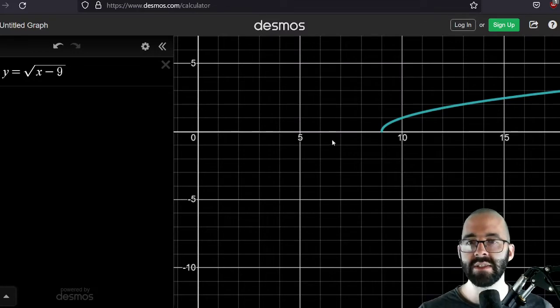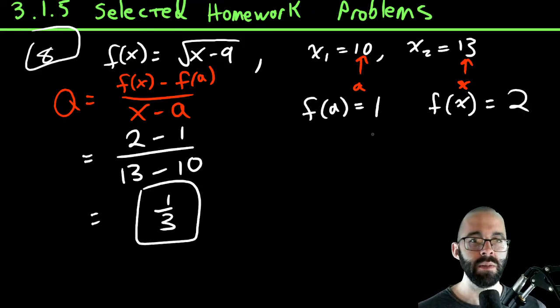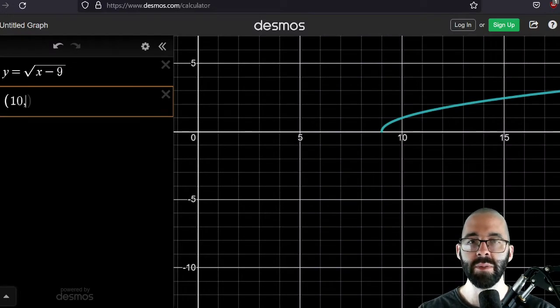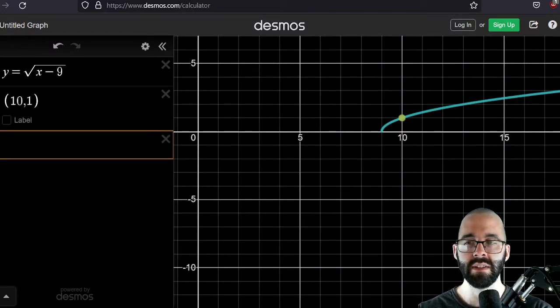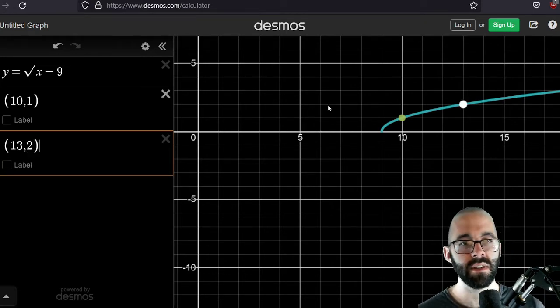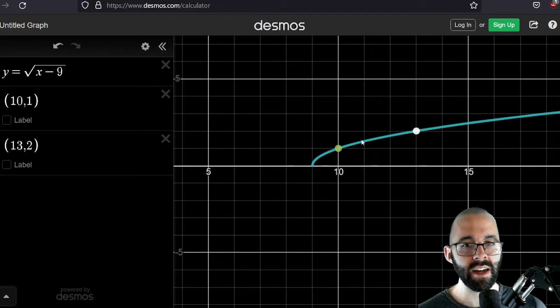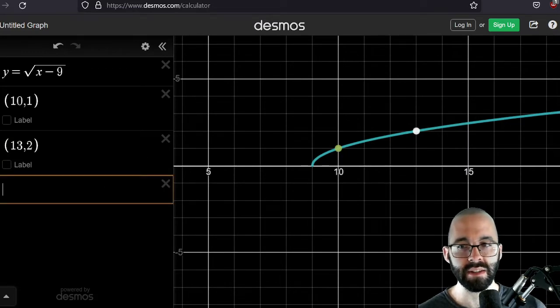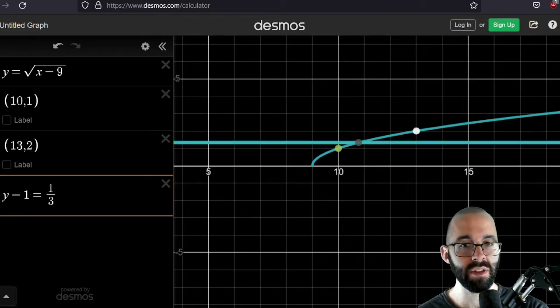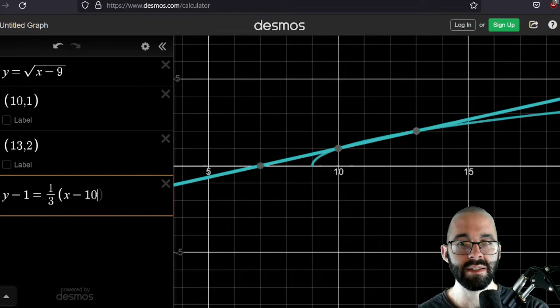And we're looking at the slope of the secant line between 10 and 13. The slope of the secant line between 10, 1 and 13, 2. Remember, secant line is just the line between these 2 points, which is y minus the y value equals the slope. We found the slope to be 1/3 times x minus the x value.